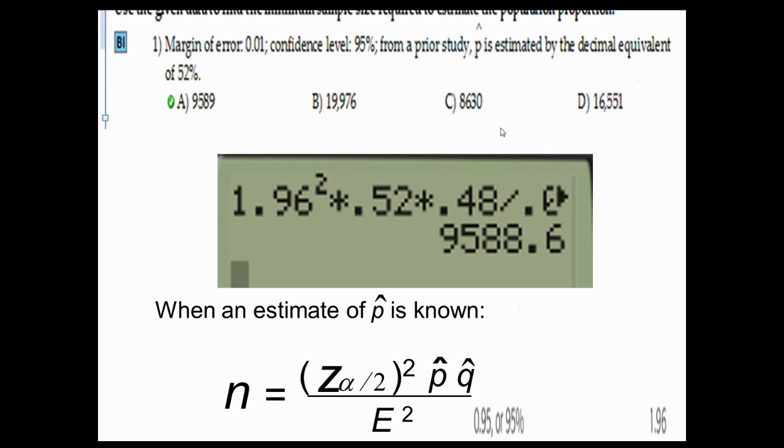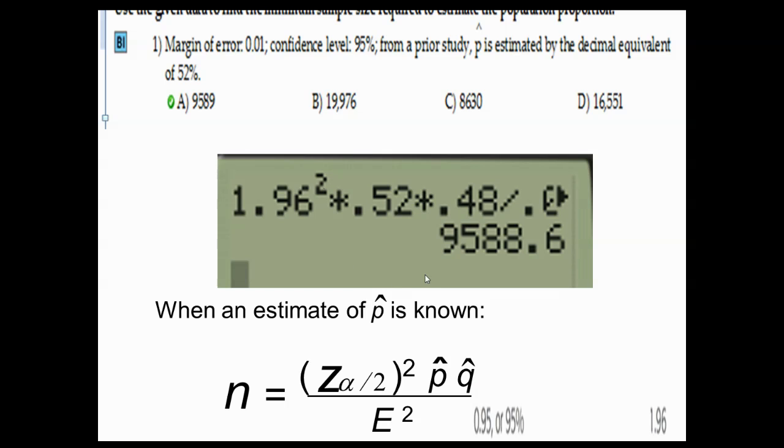This one here, we do know what p hat is. We know margin of error. We have a confidence level. We want to be 95% confident. P hat is estimated as 52%. So p hat is 0.52, then q hat is 1 minus that, 0.48. All right, so my z-score is 1.96. I'm squaring it.